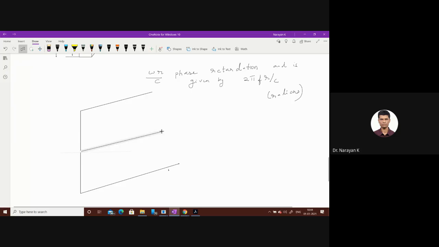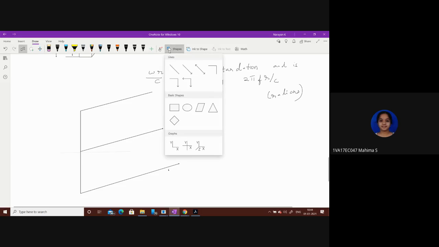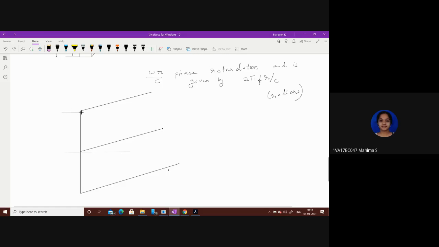All these are parallel lines, okay? Clear, in your drawing? Yes, sir. Are you all able to follow what I am doing? All these are diagrams, okay? There is nothing to break your head on.